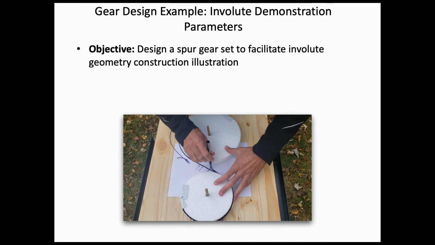We're going to go through another gear geometry design example to wrap up this lecture. We're going to base this example on the physical demonstration that we saw a few minutes ago. And in going through this design activity, my objective was not necessarily to maximize or come up with some ideal mechanical properties, but I was more interested in creating something that was good as a visualization.